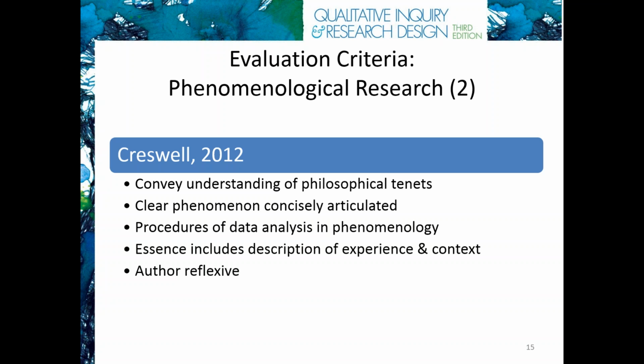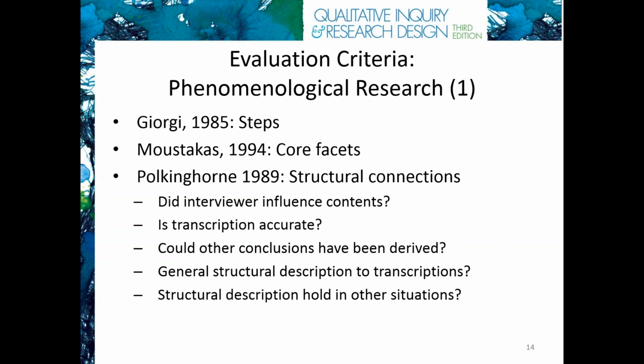I just want to mention here that at the end of your chapter are all the full citations within the textbook. So if you're looking at a phenomenological approach, you can find the full citation to all of this cited literature here. And in this case, these are seminal researchers for phenomenological research.